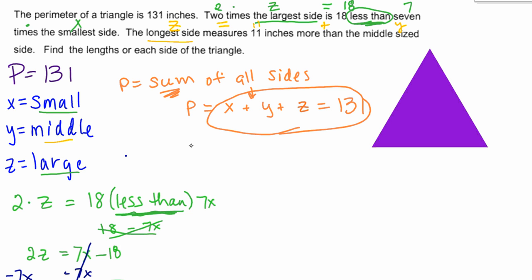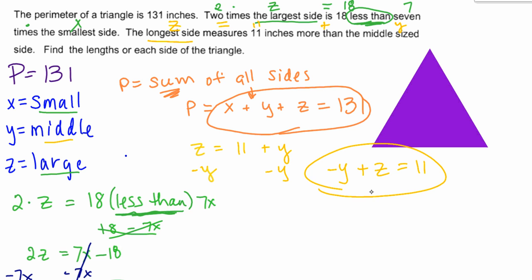That one was easy. Z equals 11 plus y. Now again, always in systems, the variables are to the left and the numbers by itself on the other side. So this one's now going to become negative y plus z equals 11. And there we go. There's our third equation.